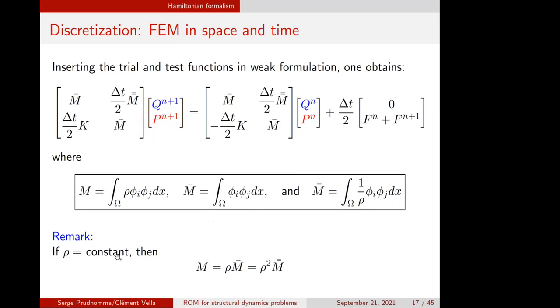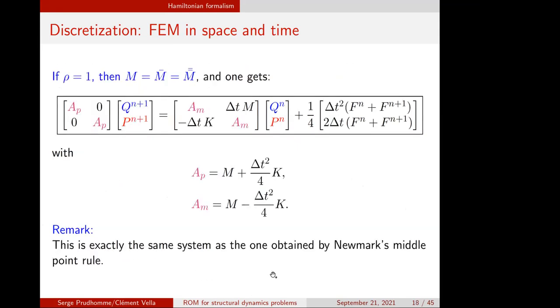But if rho is a constant, then we have this relationship. Moreover, if rho is 1, then we get exactly the same system that we obtain when we use the Newmark method. So there is still a slight difference with the Newmark, with respect to those mass matrices.